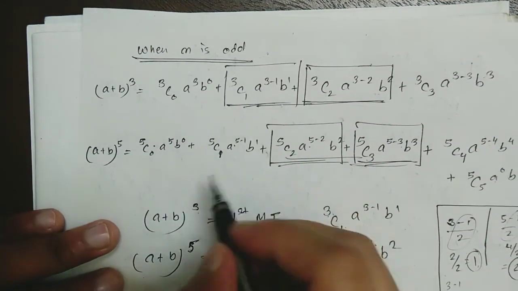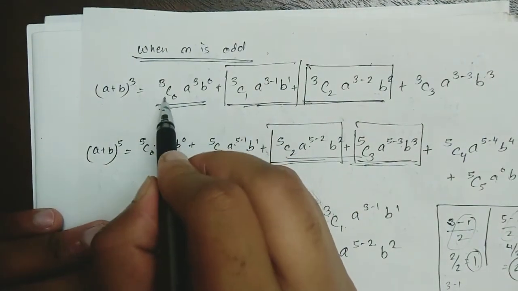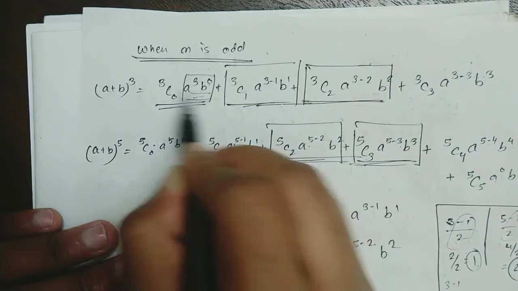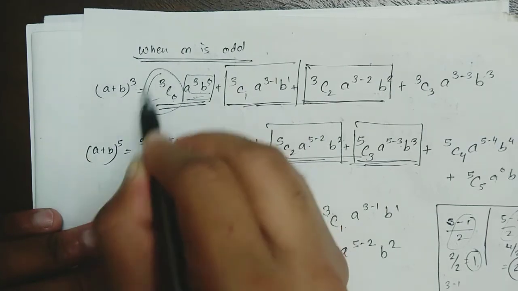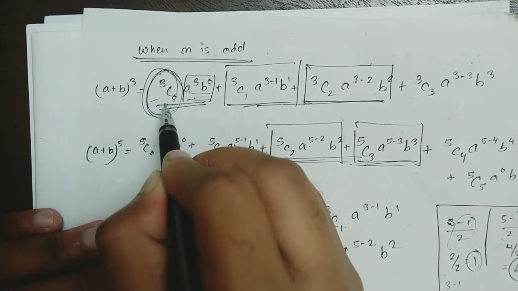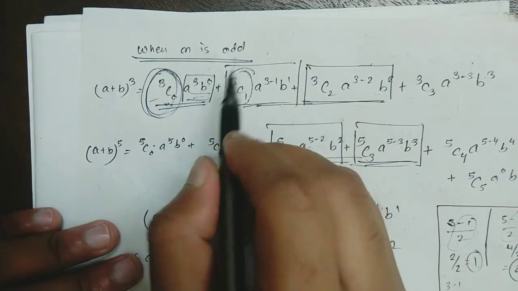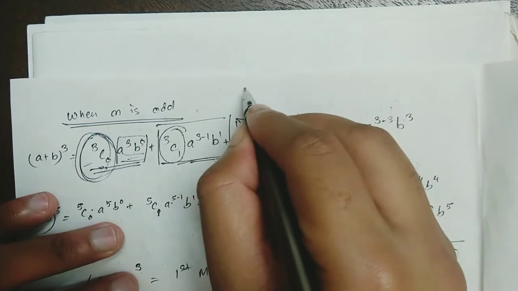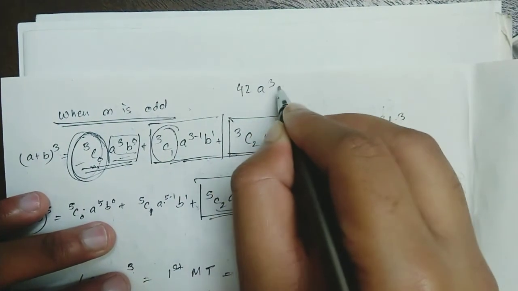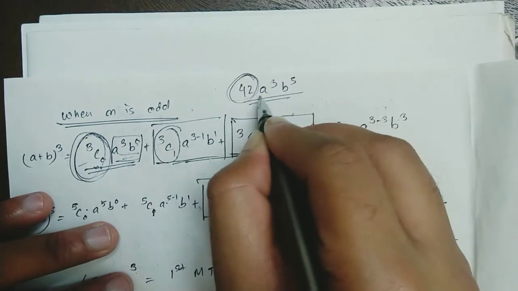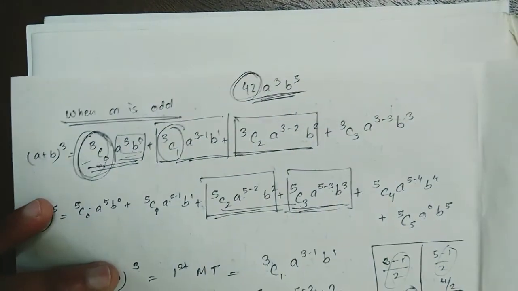Let me explain it this way. In this expression, 3c0 a cube b0, leaving out the a and b part, the circled portion that remains is the coefficient. And if I say 42 a cube b5, then this 42 is the coefficient. I hope you know this matter, so I can proceed with it.